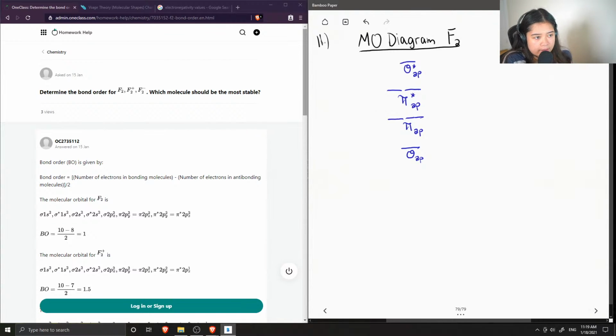And then on the left and the right sides, I can also show where these orbitals came from. So this is the 2p orbital. And then you just draw dotted lines to show that these are from 2p.